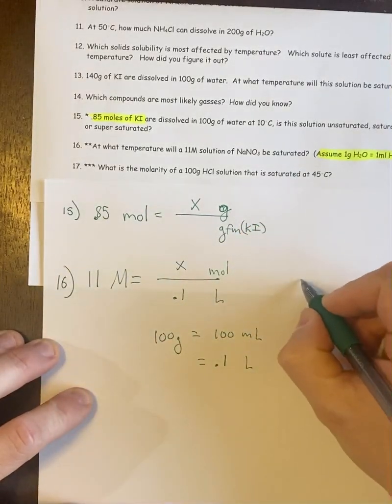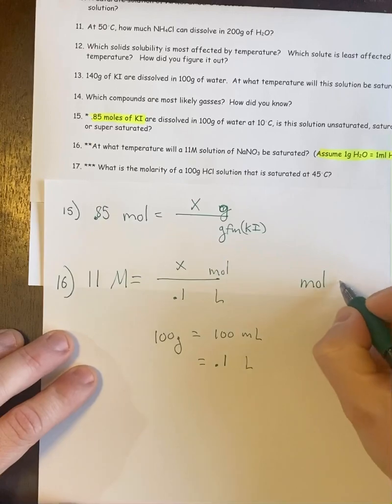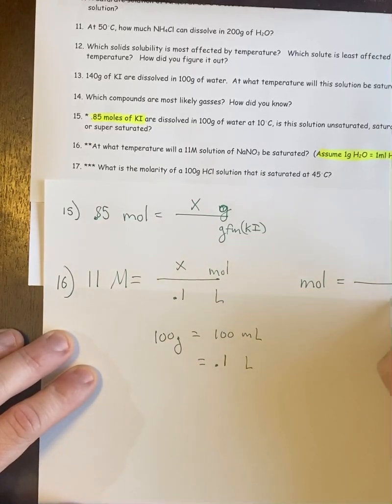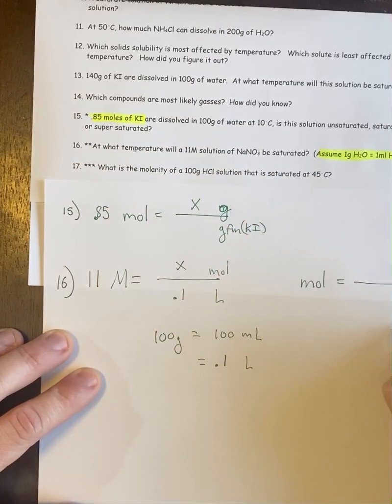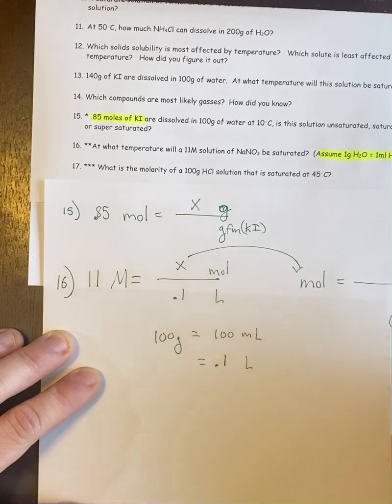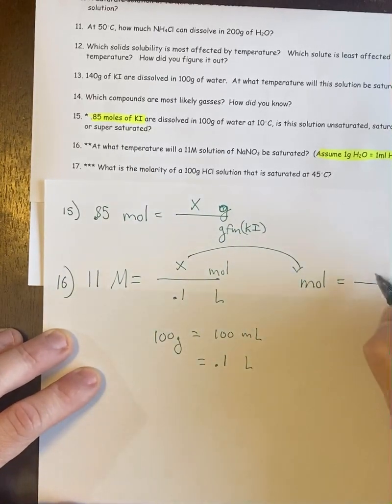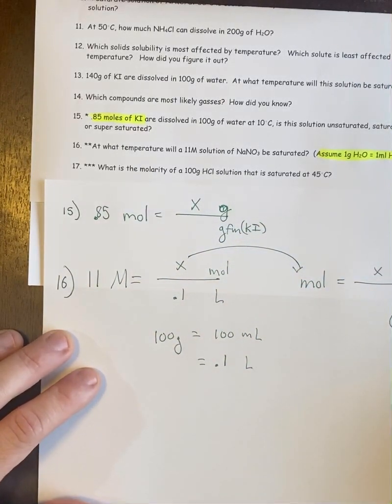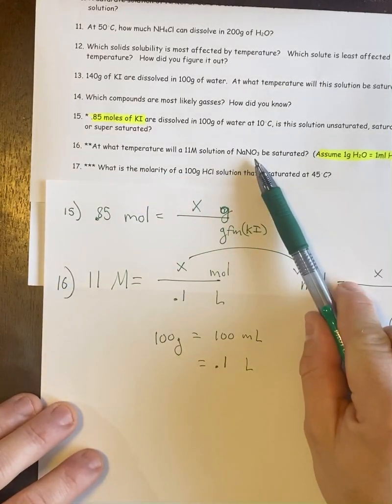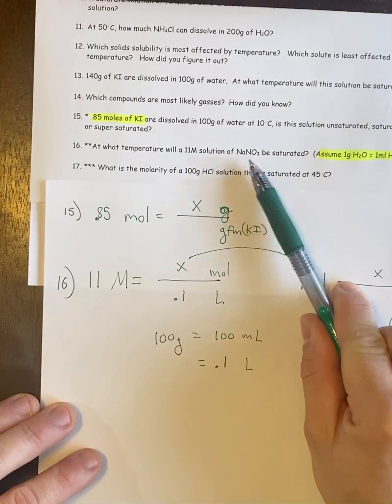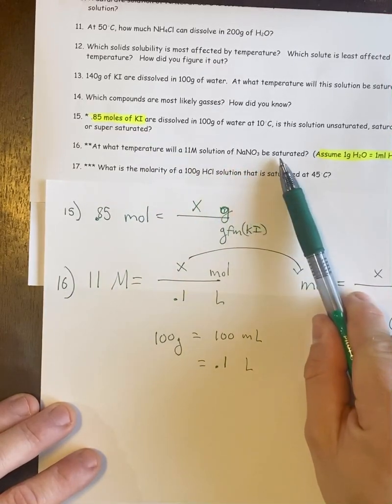Then I solve for moles. Now I'll know moles of NaNO3. Once I get my answer, I plug it in for moles, I can figure out my GFM, I solve for grams. Once you know the grams of NaNO3, you could then answer the question, because now they're going to give you some amount of grams of NaNO3, and they're going to say, at what temperature would that amount of grams of NaNO3 be saturated?